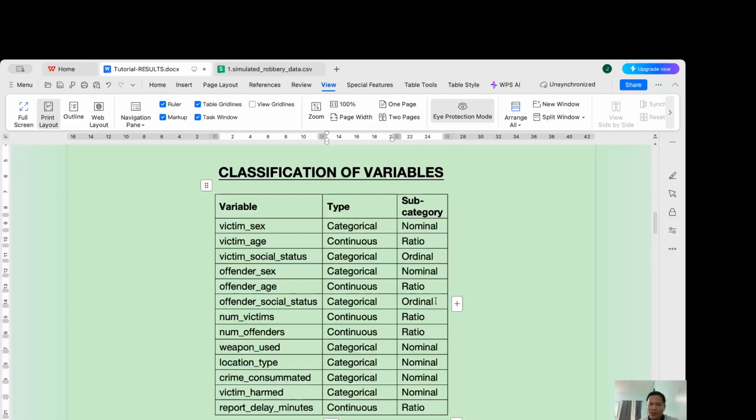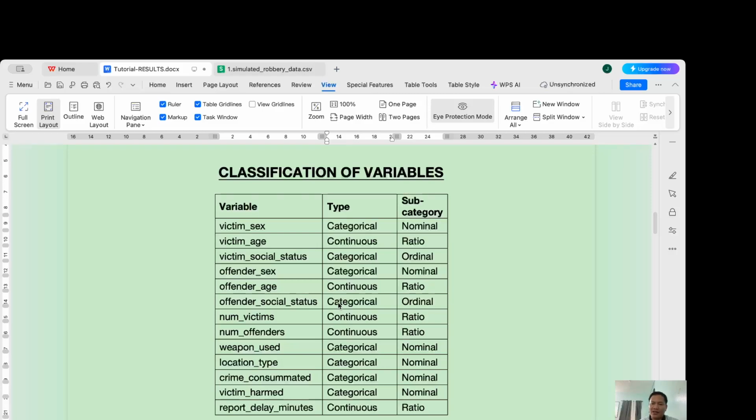For categorical ordinal variables, like for example offender social status, although they are in categories and not in continuous numbers like 0, 1, 2, 3, 4, there is some order among them. Because social status, as we said in our previous lecture, is measured in terms of low, middle, and high social status.